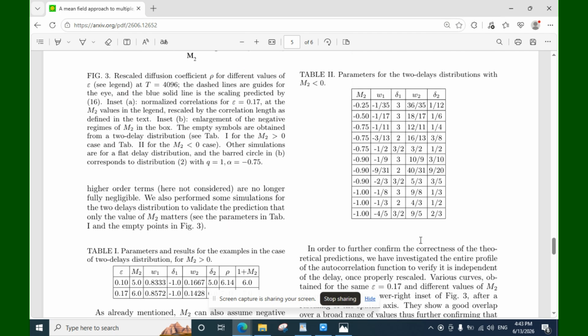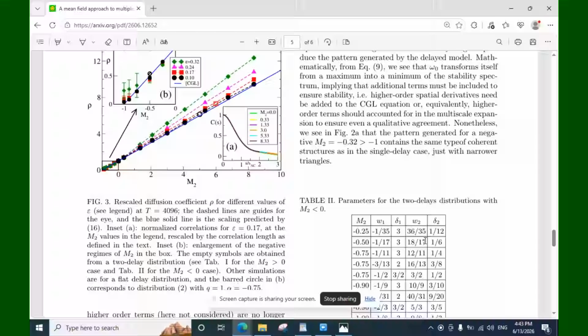We also performed some simulations for the two-delay distribution to validate the prediction that only the value of M2 matters. See the parameters in table 1 and the M2 point in figure 3. The figure illustrates the rescaled diffusion coefficient rho for different values of epsilon.